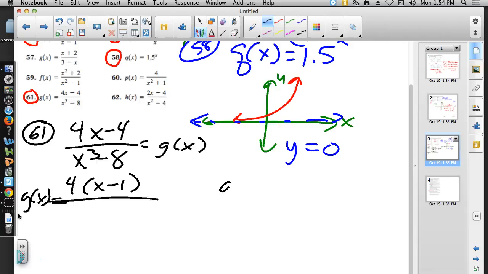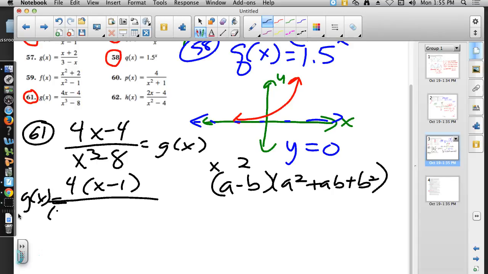You have to remember our little formula, since that's a minus. It'll be a minus b times a squared plus ab plus b squared, where a is x and b is 2. So this will be x minus 2 times x squared plus 2x plus 4.